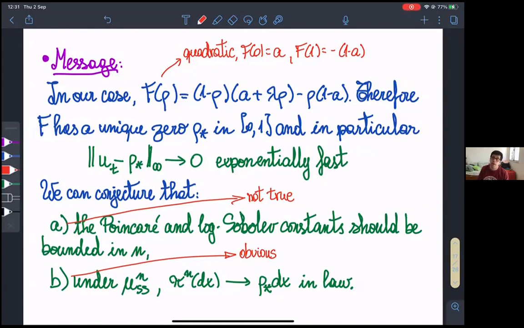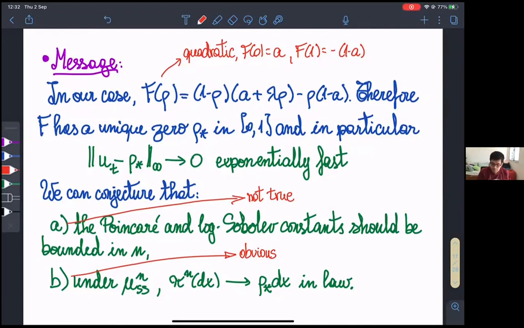The number of zeros has to be odd, because you have to go up and down, and there is at least 1 and at most 2, so it has to be 1. So this is exactly one zero on the closed interval 0, 1. Moreover, this zero belongs to the open interval 0, 1, and I'm going to call it rho a star.